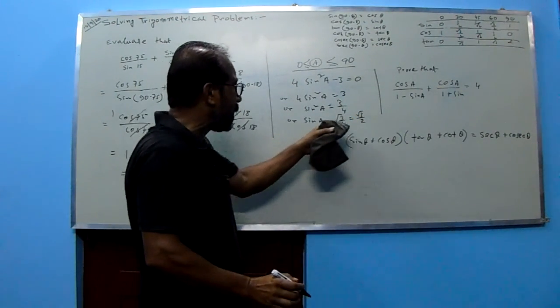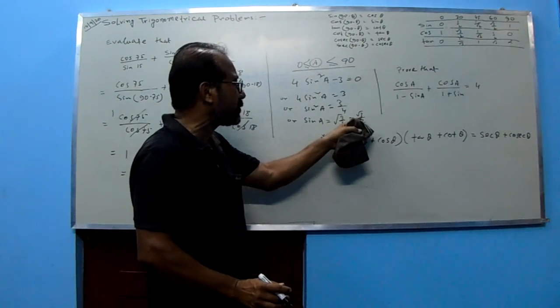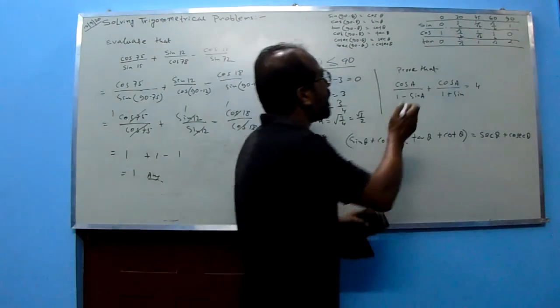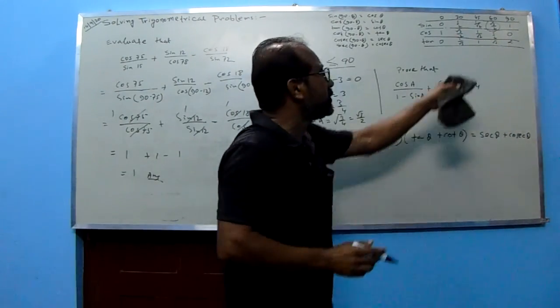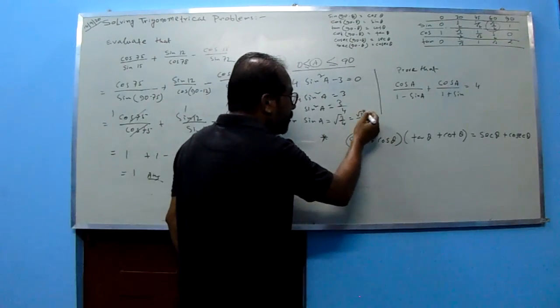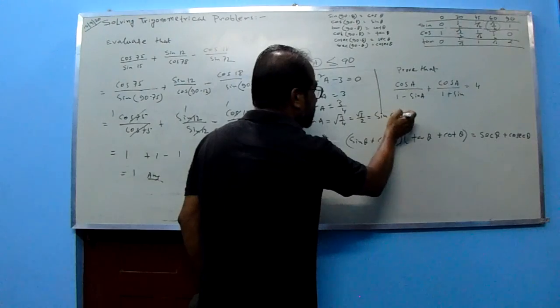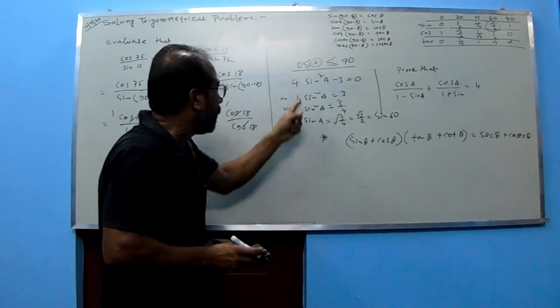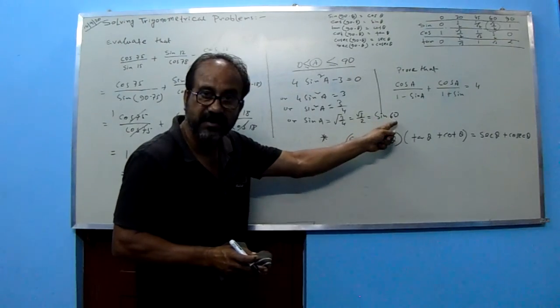So sine A has the value root 3 by 2 by derivation. So root 3 by 2 means what? Root 3 by 2 is the value of sine 60. So in place of root 3 by 2 I must write sine 60.